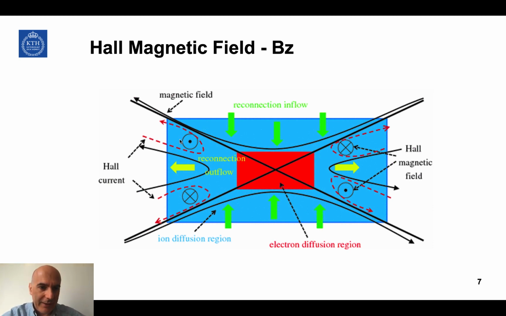So here you see plus minus for the B out of plane. The right part of the cartoon has the symmetric feature. The current here is going in this direction, so the field is going into the slide, and then on the bottom it is coming out.